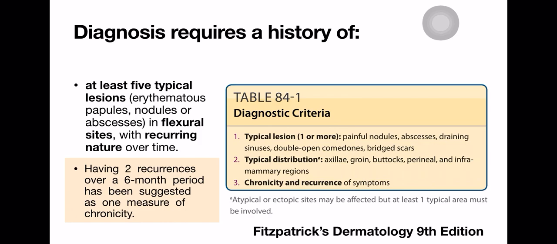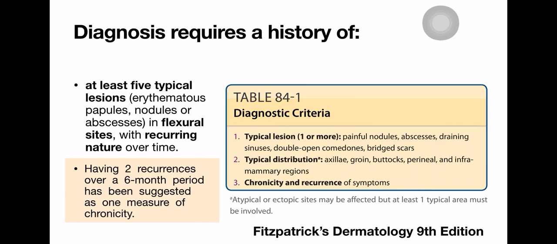This is in contrast to the diagnostic criteria in our textbook, Fitzpatrick's Dermatology 9th edition, from Table 84-1, which states that it requires a typical lesion, one or more, consisting of painful nodules, abscesses, draining sinuses, double open comedones, and bridged scars, with a typical distribution on the axilla, groin, buttocks, perineal, and inframammary regions.